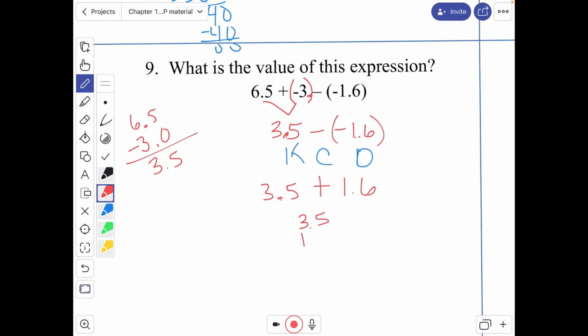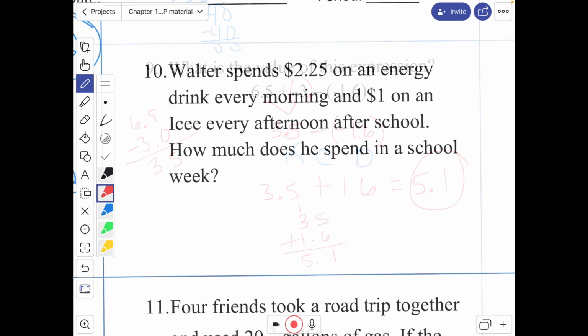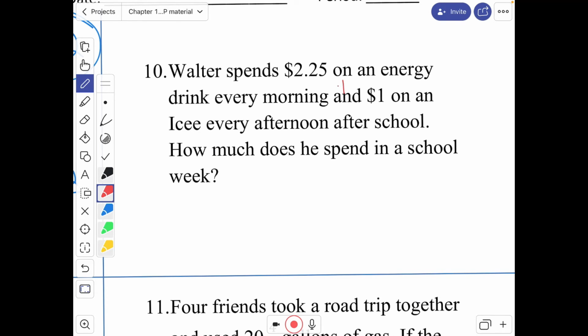And then you can rewrite those, lining up the decimals, and add. So we get 5.1.